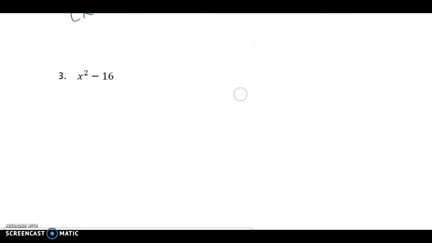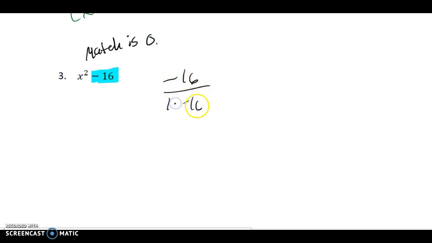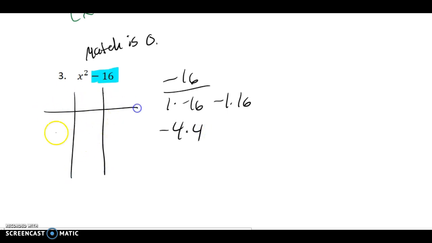All right, so this one, we're going to run through this one. Again, this one's a little tricky. We have x squared minus 16, but our match isn't here. So the match is 0. And so negative 16, there's only 1 times negative 16 and negative 1 times 16, and then negative 4 times 4. But see, my match is 0.